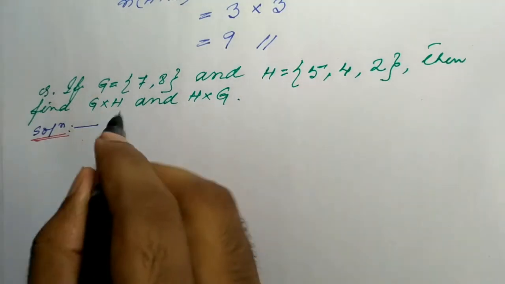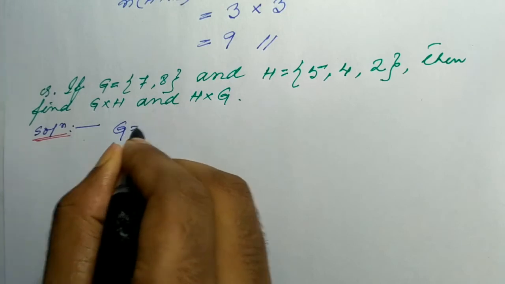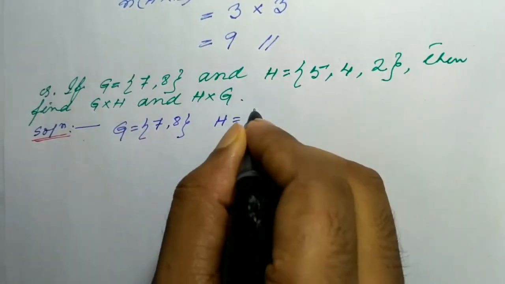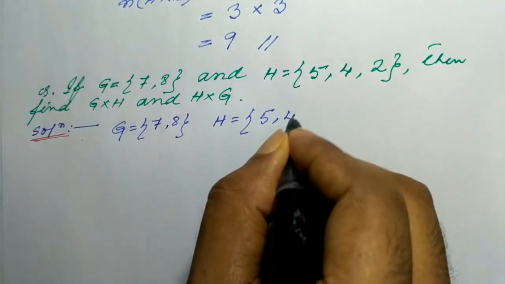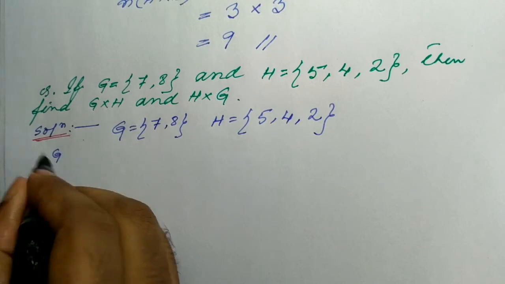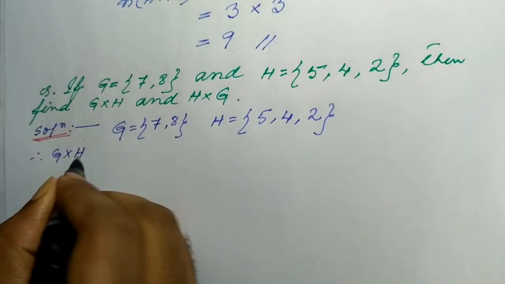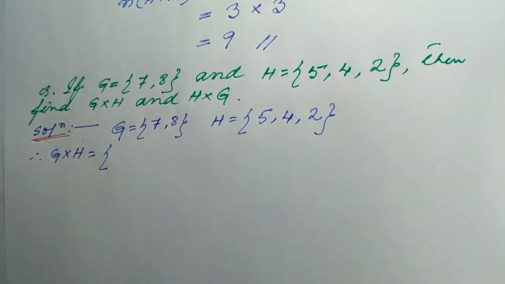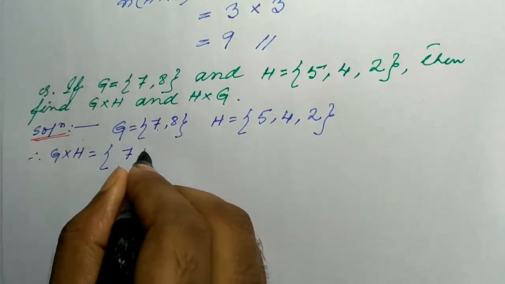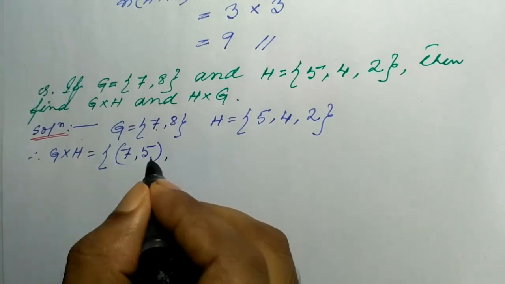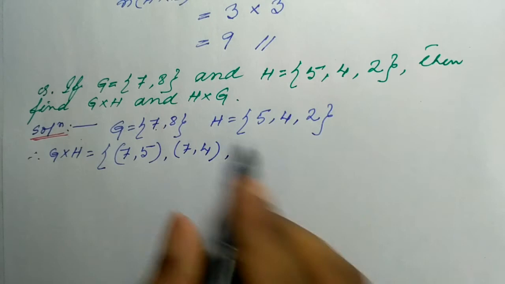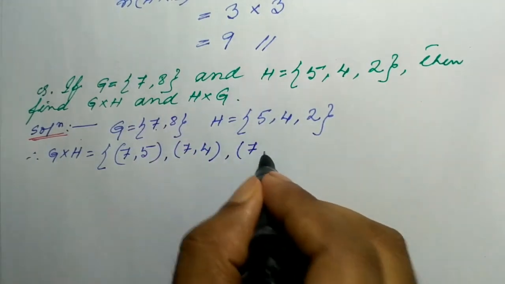We have given Z equals {7, 8} and H equals {5, 4, 2}. Now first of all, Z × H will be: the first term will be (7, 5), next (7, 4), next (7, 2).